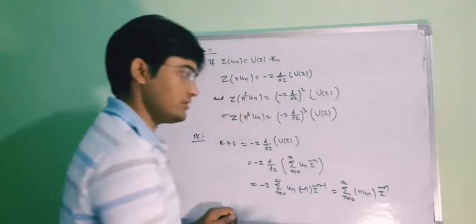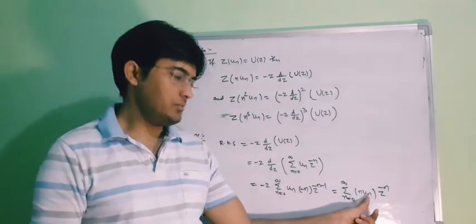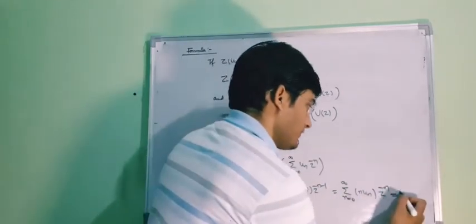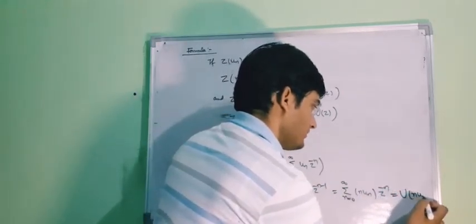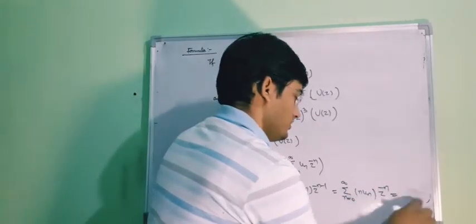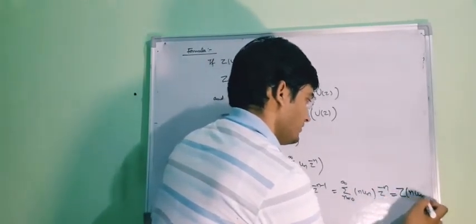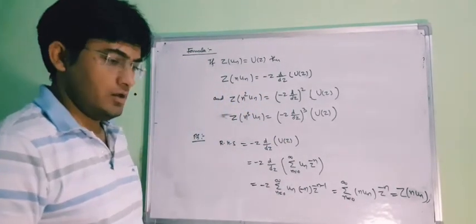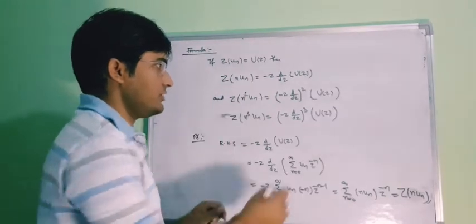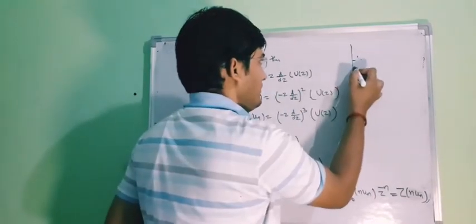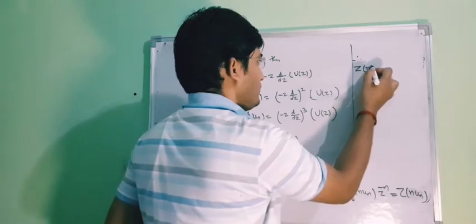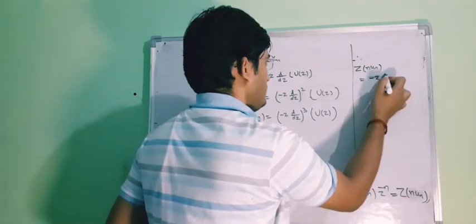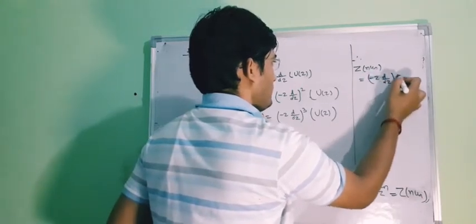In place of un we have n into un, so this is the definition of the Z transformation of n un. So the Z transformation of n un is equal to minus z d by dz of uz. We have proved the first part. Therefore, the Z transformation of n un is the one-time differentiation, minus z into d by dz of uz.